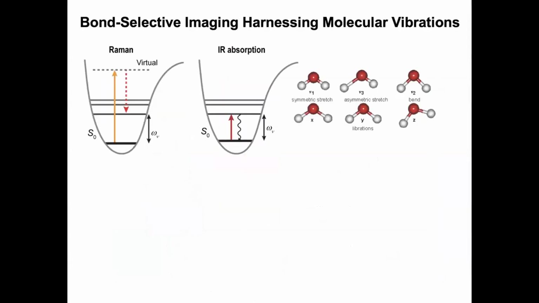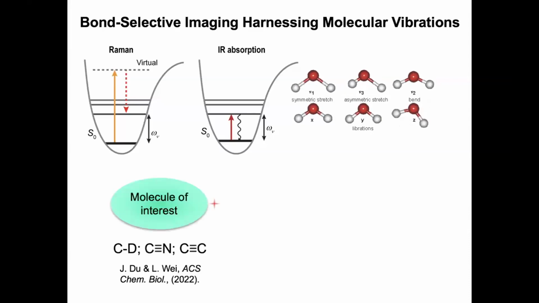So one promising technology that could contribute significantly towards spatial metabolic imaging is harnessing molecular vibrations, what we call vibrational spectroscopy and imaging. In this case, you can harness the molecular vibrational motions using either Raman scattering or infrared absorption to probe different chemical motions, which gives you chemical-specific information for probing small metabolites.